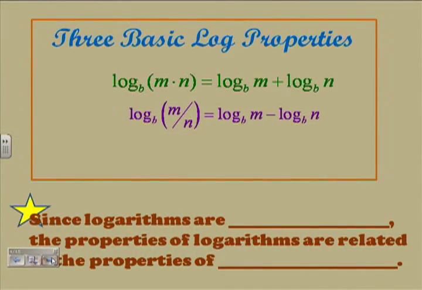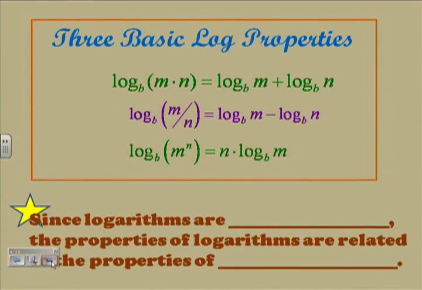In the case of division, if you're dividing and you have like bases, what do you do with the exponents? You subtract them. And what are logarithms? Logarithms are exponents. And the last one of the properties, and this is the one everybody loves, make sure you're always in logarithms when you're using this. You get to bring that exponent down in the front.